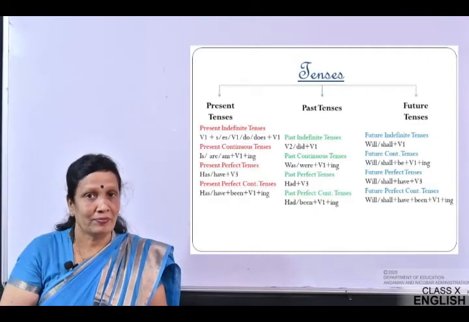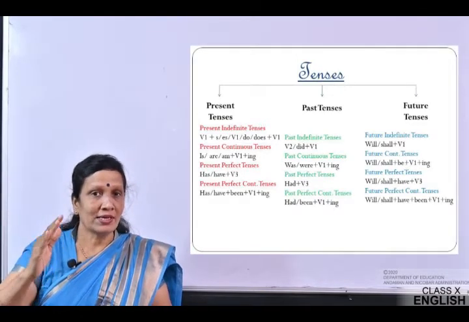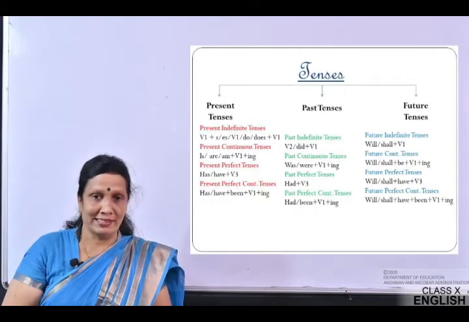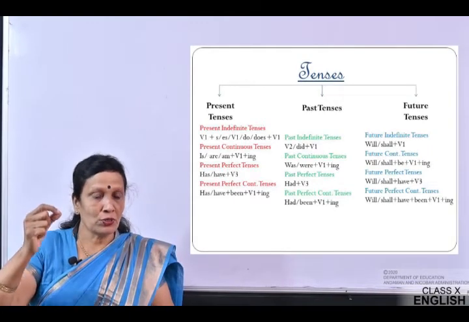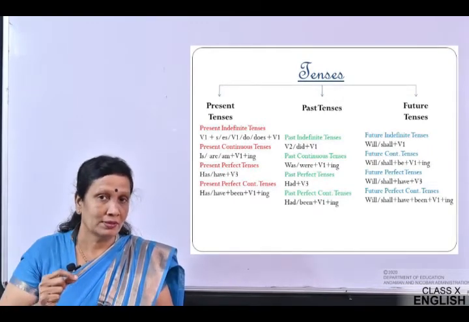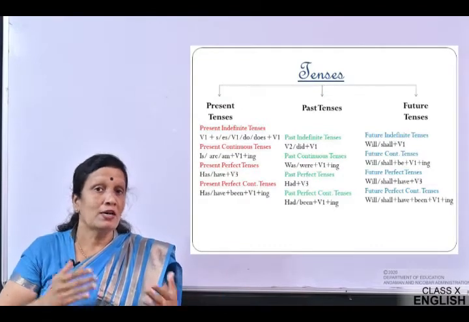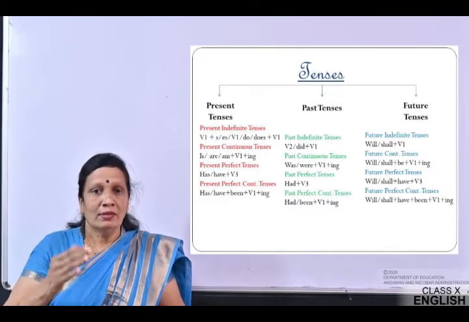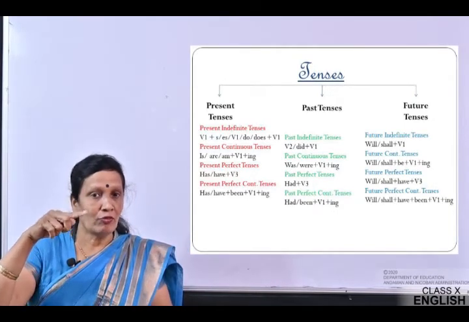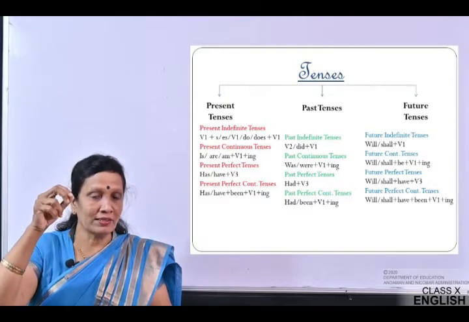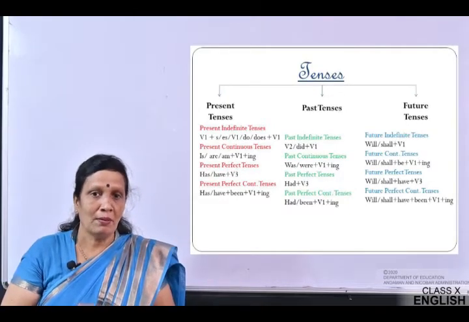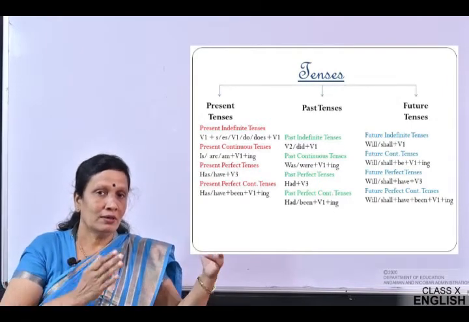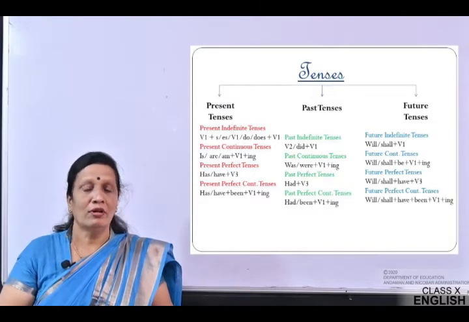The present tense. In the present indefinite tense, or as we call it, the simple present tense, you are going to use the first form of the verb: talk, climb, jump, speak, want, etc. The first form of the verb, written V1, plus S or ES, according to whether it is singular or plural.